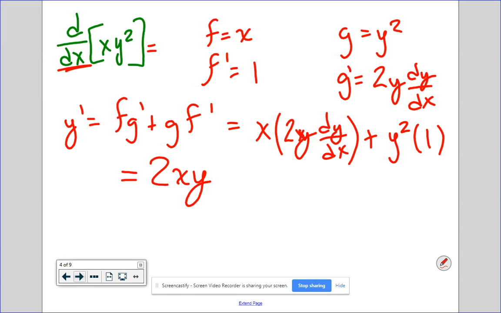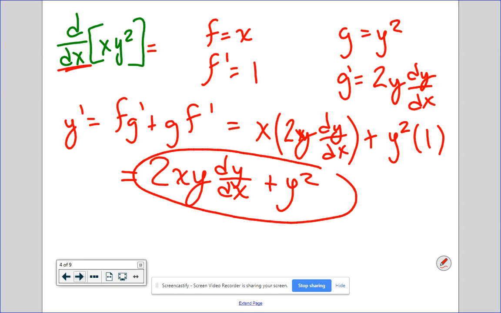You could have yx, that's fine. dy dx just always goes at the end of the line. Plus y squared. And that's your derivative. The only difference between this and before is now, instead of only having one variable in here, I have two. So you just add dy dx everywhere.